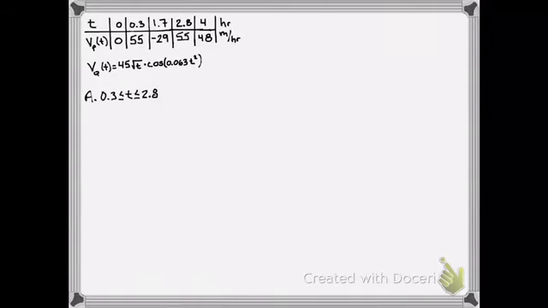To use the mean value theorem, recall there are 3 things that you need to have. Those 3 things, once again, from first semester: your function has to be continuous. Number 2, your function has to be differentiable. And number 3, you must be on a closed interval.